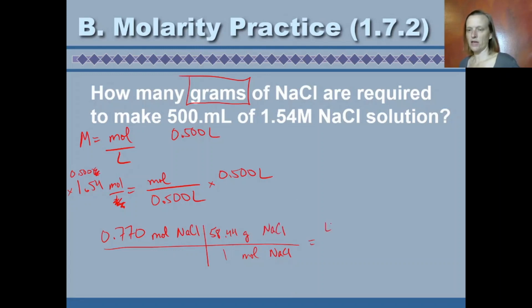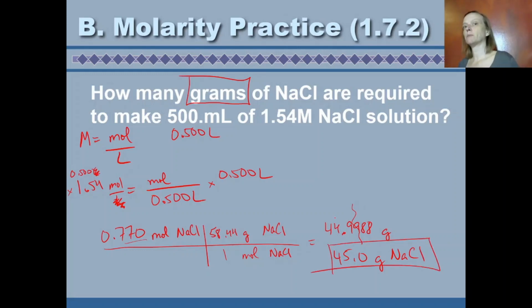And so the calculator says my final answer is 44.9988 grams. But we're going to round that to 3 significant figures. So that rounds up to 45.0 grams of NaCl. So these example problems all solved for concentration in terms of molarity.